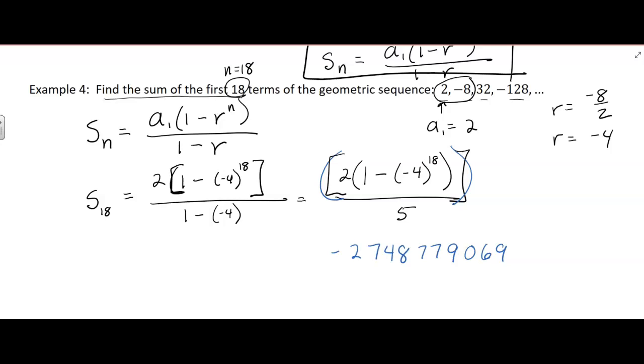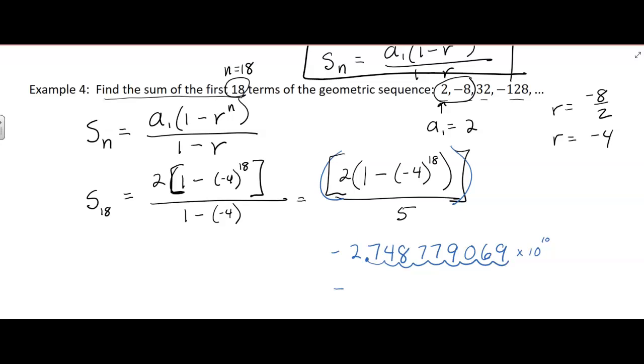Okay, so I'm off a decimal place, but here's what my calculator is showing. I should have written this out for you. It shows -2.748779069, and then in teeny tiny print on my calculator it says times 10 to the 10th power. So I've got to go 10 places. I thought I went 10, but I only went 9. 1, 2, 3, 4, 5, 6, 7, 8, 9.